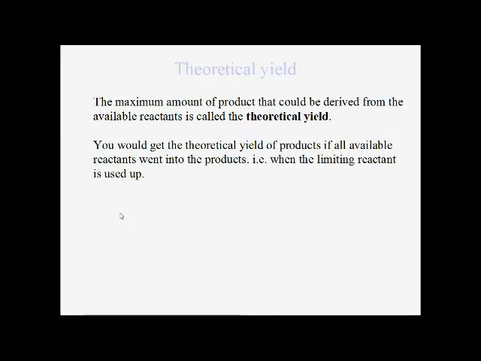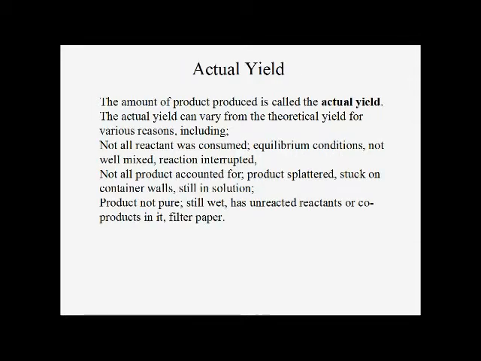When we calculate how much product we can get from the available reactants, this is called the theoretical yield. It's theoretical because in reality we often don't get that. What we get is called the actual yield. For a variety of reasons, the actual yield is usually not as large as our theoretical yield. We can have an incomplete reaction where not everything reacted.